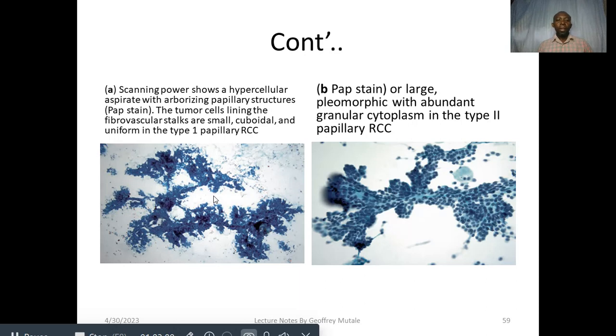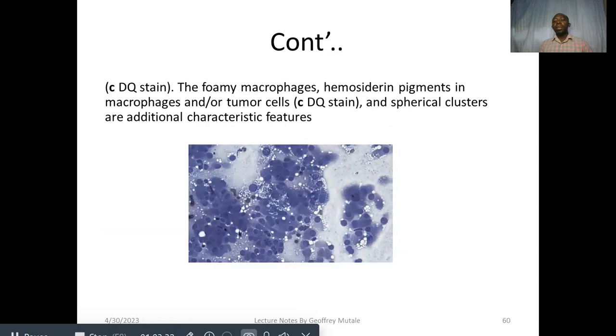So this is under low magnification, but we can appreciate the fibrovascular stalks which are lined by cells. In B, I think this is where we can actually appreciate the shape of the cells, them being cuboidal. In B, we can also appreciate, this is under Pap stain, the large pleomorphic cells with abundant granular cytoplasm, and this is appreciated in type 2 papillary RCC.